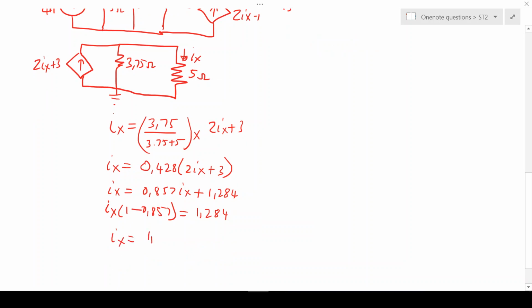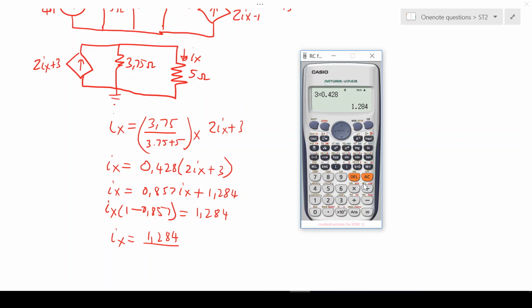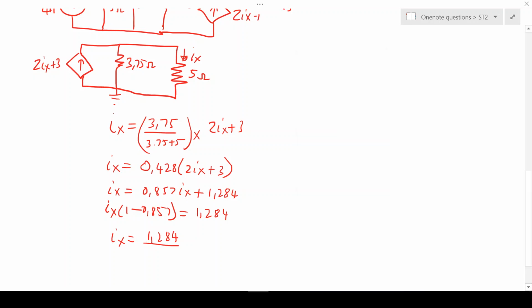Ix is going to give me 1,284 divided by 1 minus 0,857. And that gives me a value of 8,97.